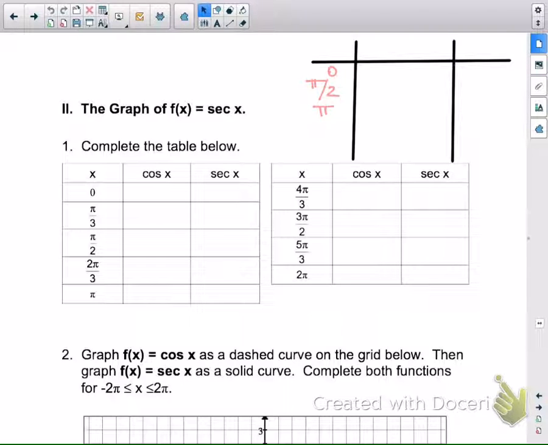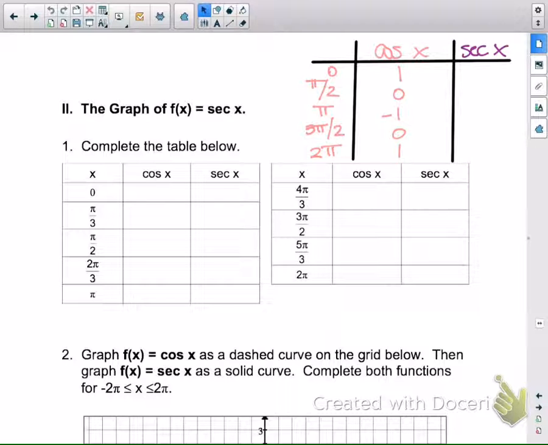Sine started at 0. Where does cosine start at? Cosine starts at 1. All right, so from our chart, we have cosine at 0 is 1. Then we have 0, -1, 0, back to 1.